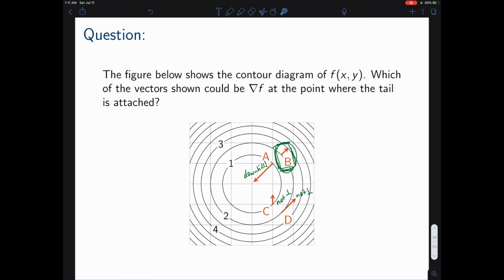They're not orthogonal. A is orthogonal to its level curve, so I got that right. And B is also orthogonal to its level curve, so little check mark for being orthogonal. But A is pointing downhill and B is pointing uphill. So B is the one that could be a gradient vector.